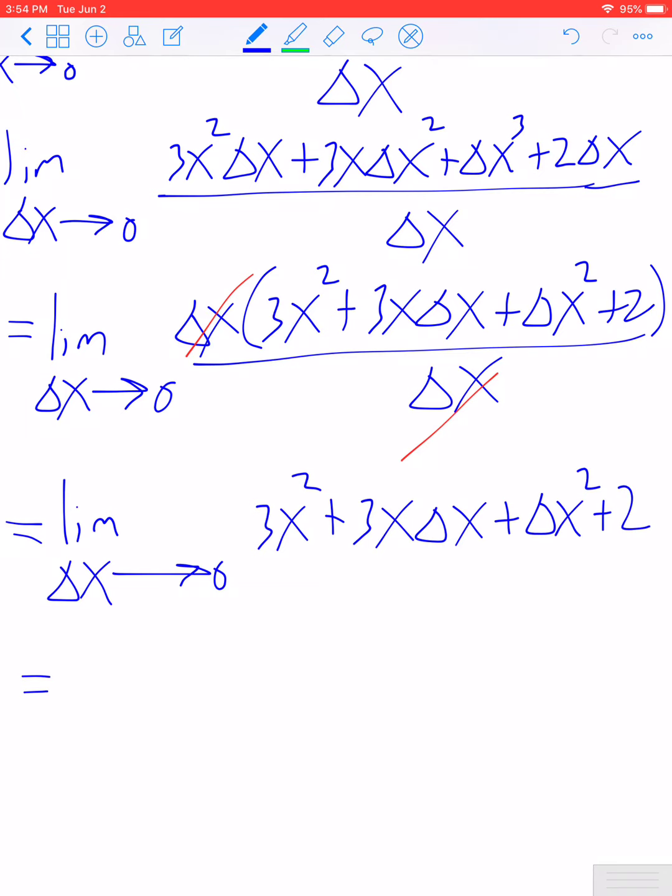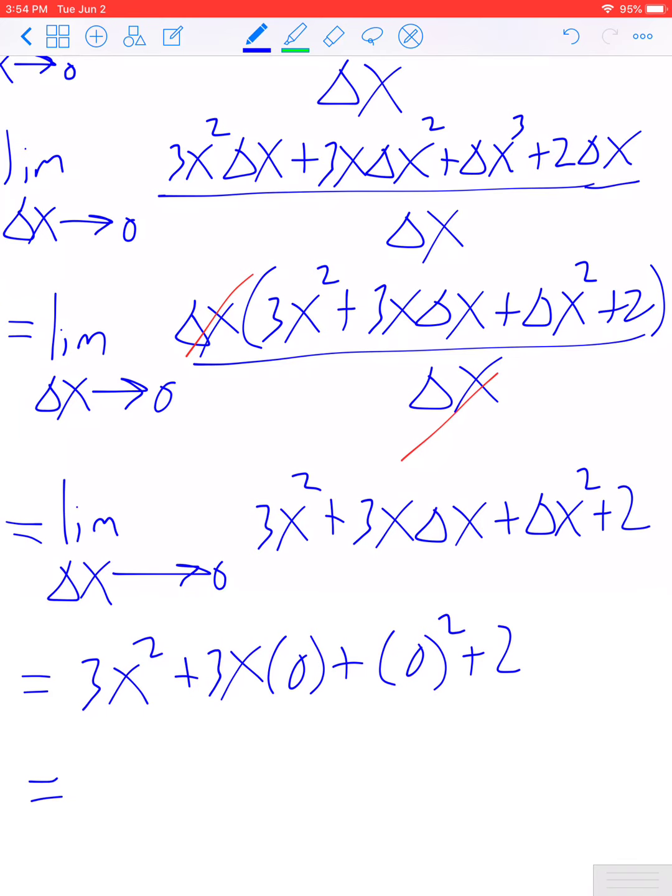So I'm now going to take the limit, so I cease writing limit. And everywhere we see a delta x, I'm going to put 0. And what we end up with is this is going to be 0, this is going to be 0. So we get the function 3x squared plus 2.